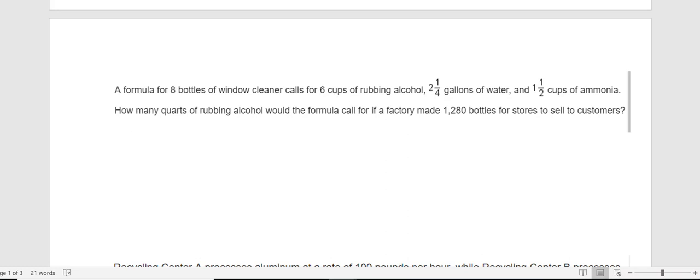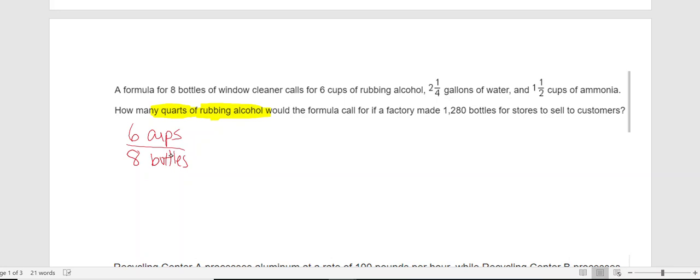Now it's 6 cups of rubbing alcohol for 8 bottles of cleaner. Then they ask how many quarts of rubbing alcohol would need to be made for a factory that made 1,280 bottles for stores to sell.